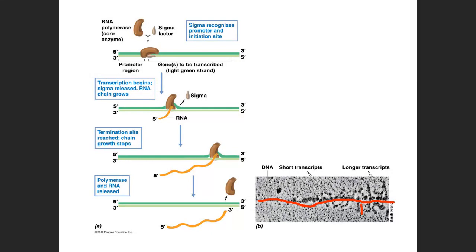Now these black dots, you see one here, and it's longer on this end, shorter on this end. What is happening is that the RNA is being transcribed, and once it's transcribed, the mRNA immediately becomes available for translation.